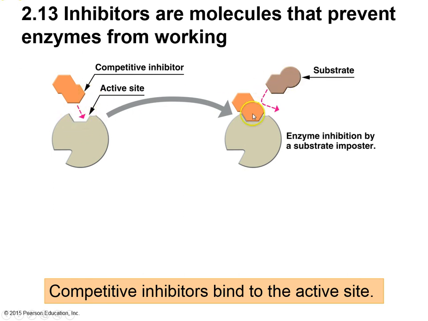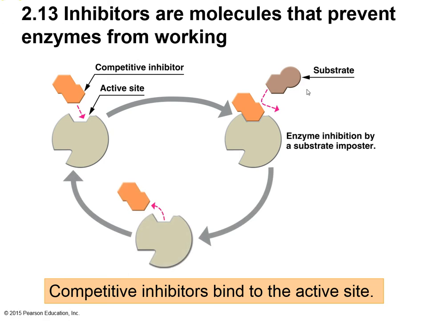So now the substrate is unable to sit there in that active site, so the enzyme's unable to break that substrate down or to perform that chemical reaction, whatever it may be. And as a result, we don't get any accumulation of the product. So competitive inhibitors bind to the active site and compete with the substrate for binding to that active site so that that reaction does not proceed.